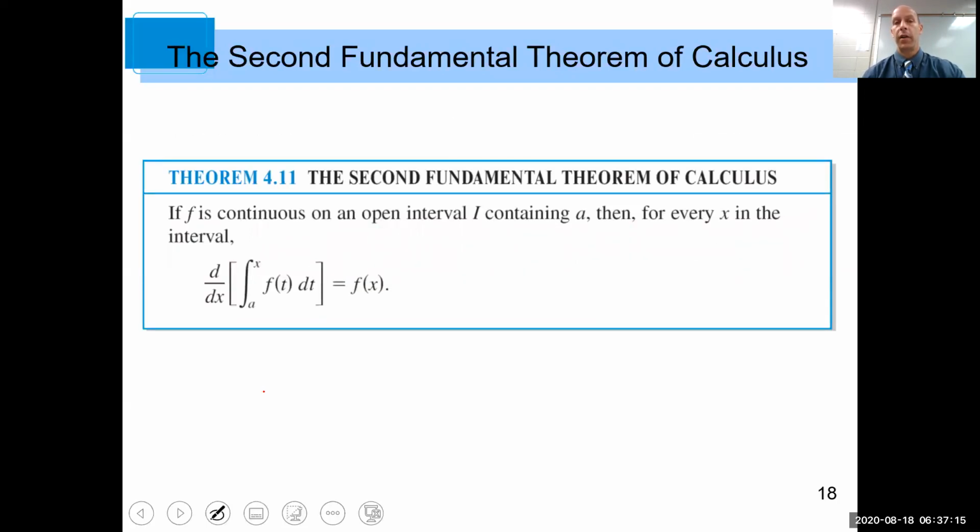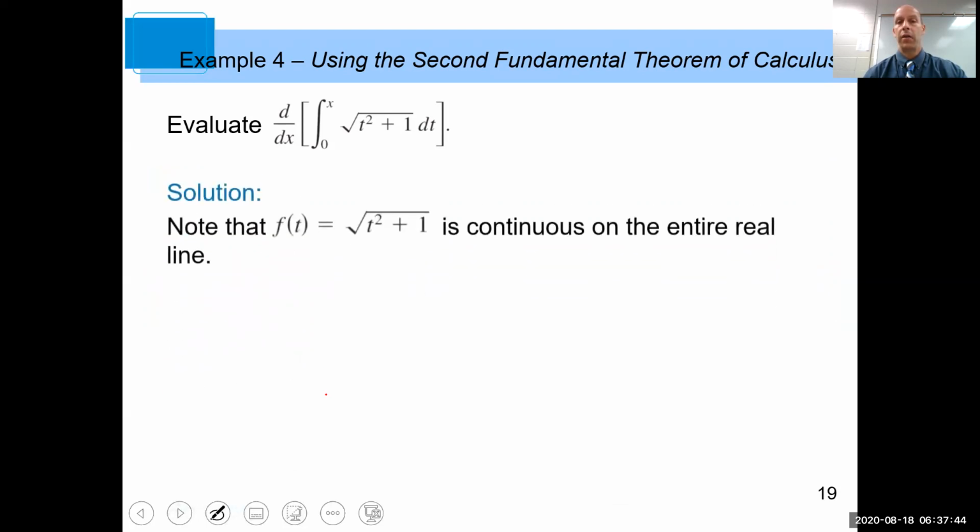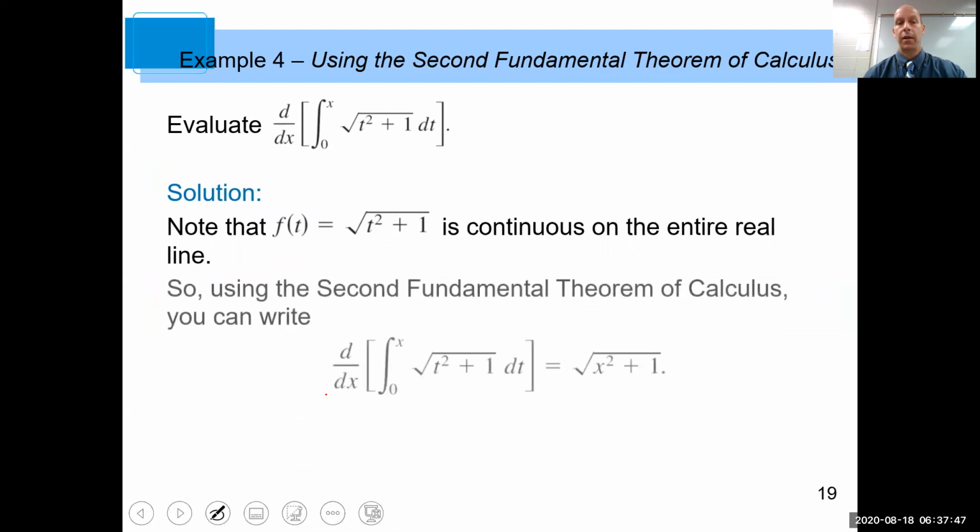Another way we could write the fundamental theorem of calculus is as follows. The derivative of the definite integral from 0 or from a to x, where a is a constant, is simply the value of the function at x. So for example, if I wanted to do the derivative of this, integral from 0 to x, square root of t squared plus 1, the only thing I need to do is just plug it in.